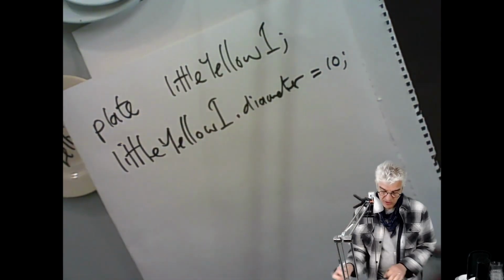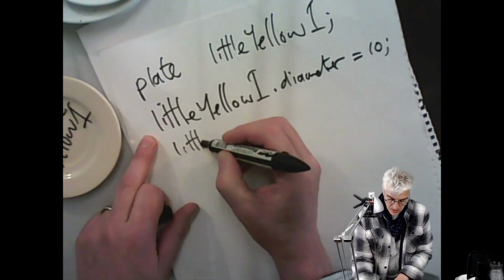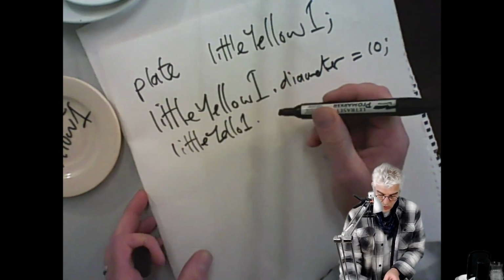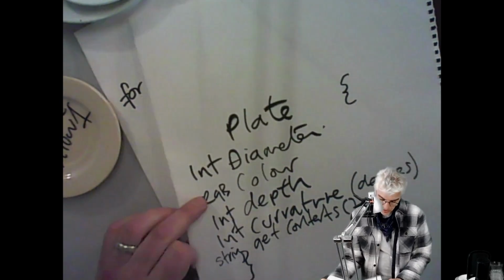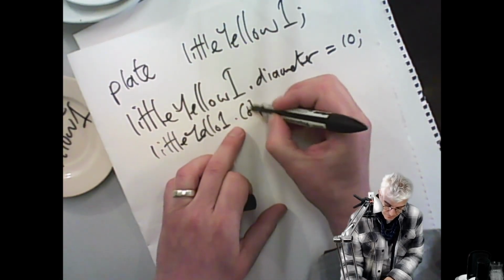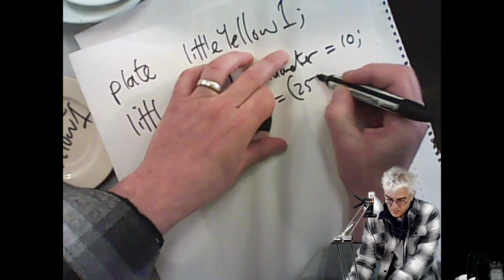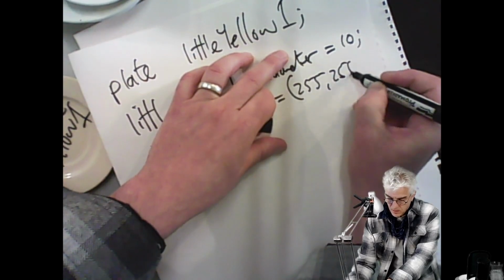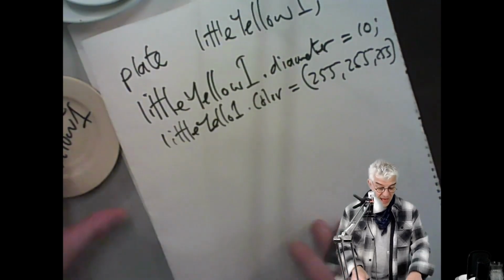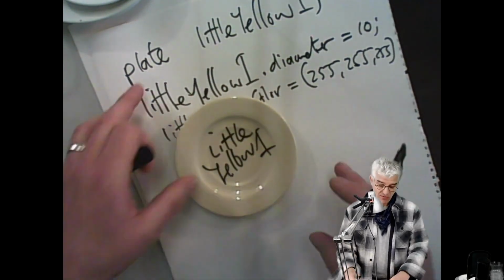So the diameter would be set to 10, and then I could say little yellow 1 dot, what else would it do? Color, depth. And then I'd give it a color value, and I can set the different attributes of that specific instance of my type of thing, the type being a plate.